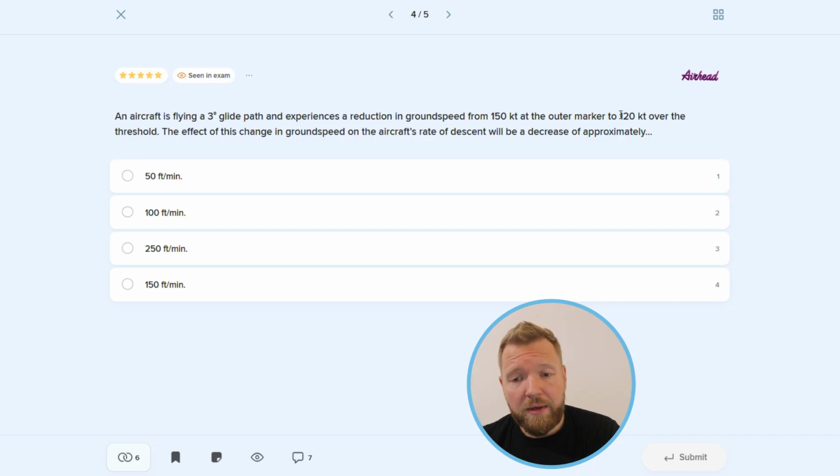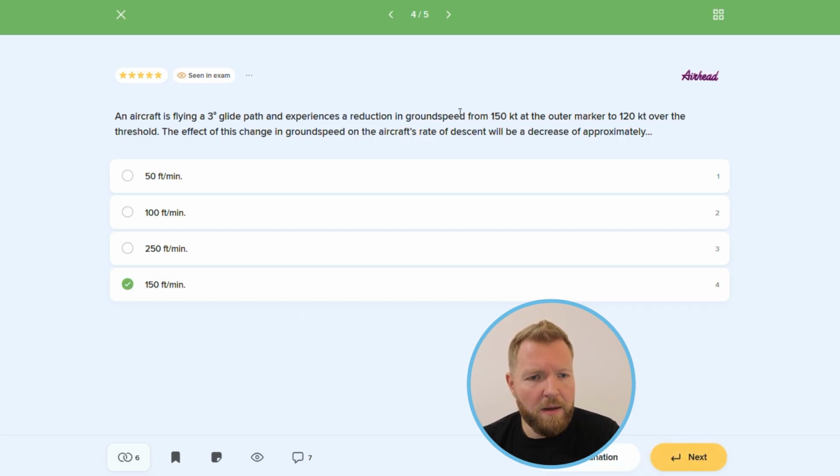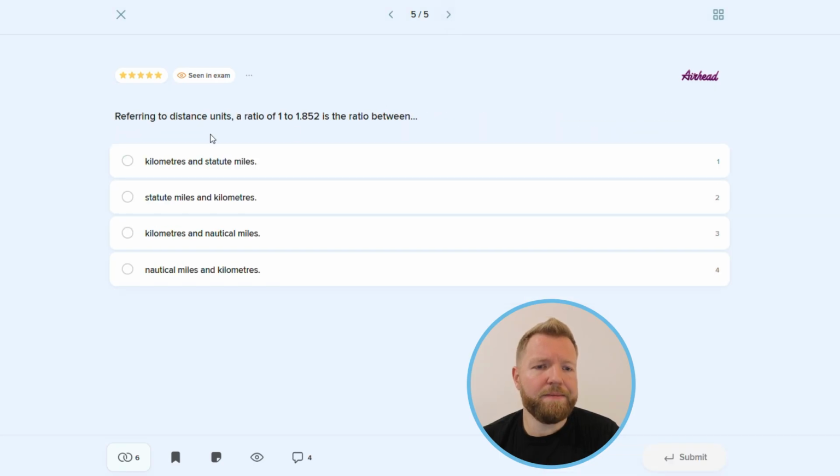At threshold with 120 knots ground speed, our rate of descent will be 600 feet per minute. So the correct answer is answer number 4. The rate of descent will decrease by approximately 150 feet per minute, and answer number 4 is correct.